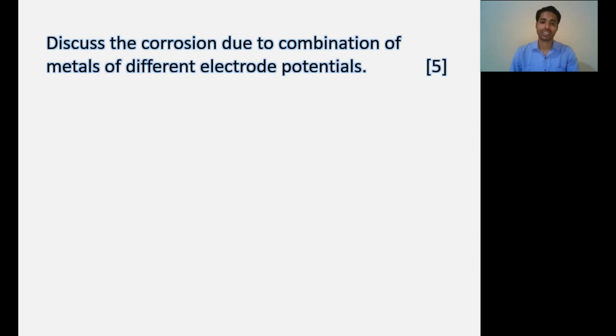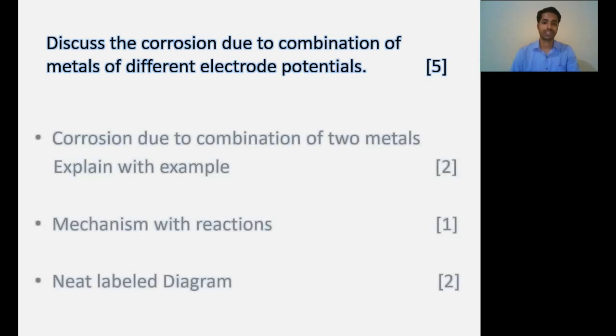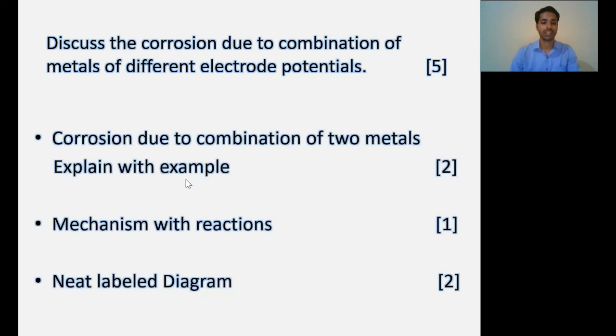In that case, you have to decide which type of corrosion takes place, and that is of course differential metal corrosion, or what we call galvanic cell corrosion. You have to write the corrosion due to combination of two metals and explain it with an example, and the mechanism, how the electrochemical reaction takes place with the help of anodic and cathodic reactions. And of course, to explain this, you need to draw a neat labeled diagram.